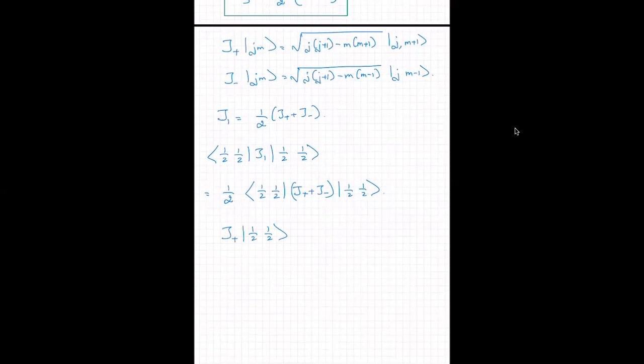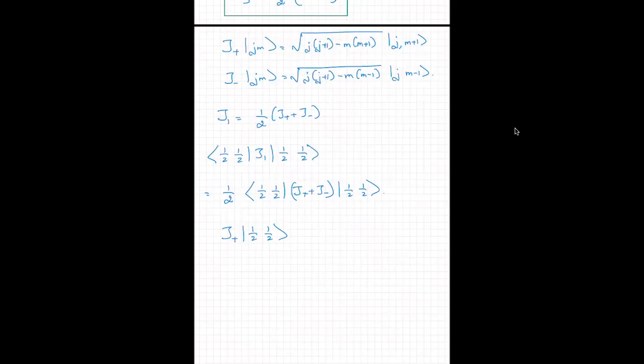Remember that we are already in the state with the maximum value of M. For the J equal to 1/2 case, the maximum value of M is +1/2 and the minimum value of M is -1/2, and these are the only two values possible in this Hilbert space. So we are already in the maximal state, which means J plus cannot act on |1/2, 1/2>, because it cannot increase the M value further, since M is constrained by the J value.